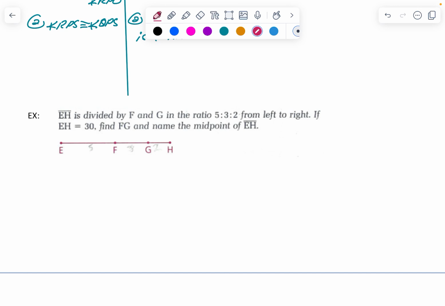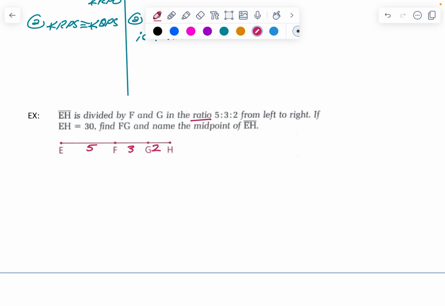Finally, we have EH is divided by F and G in the ratio of 5 to 3 to 2 from left to right. So that's where you can barely see it, 5 to 3 to 2. But it's in the ratio of 5 to 3 to 2. It doesn't mean 5 plus 3 plus 2.